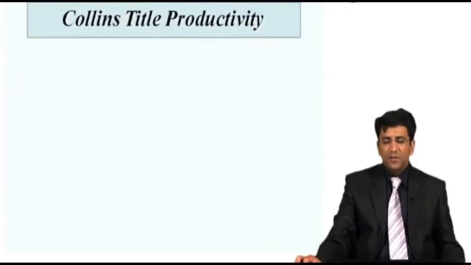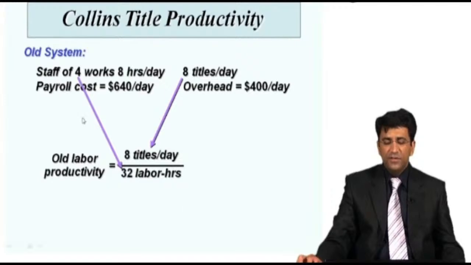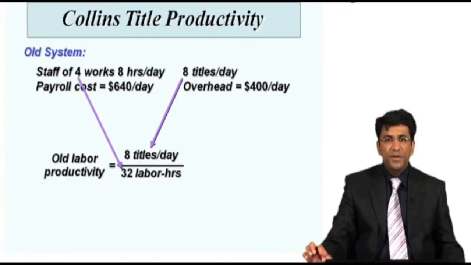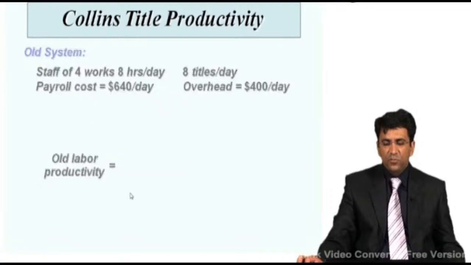So in this particular example, students, suppose we are interested in the labor productivity. When we talk about labor productivity, it means labor is taken as the only factor of input. That is the single factor productivity model. In this case, we will take only labor hours as the input. So you can see with the old system, what was the output?